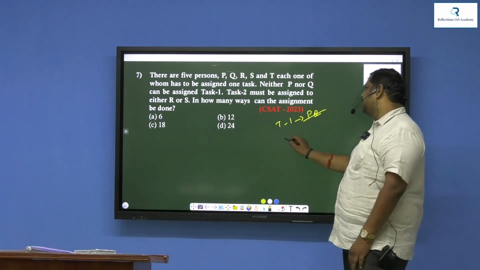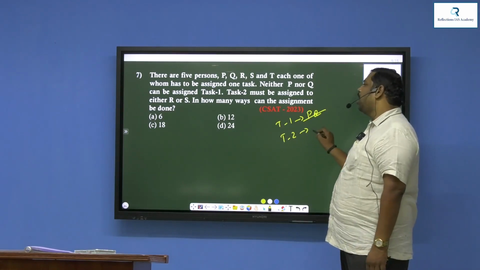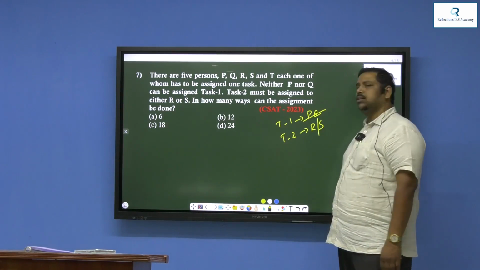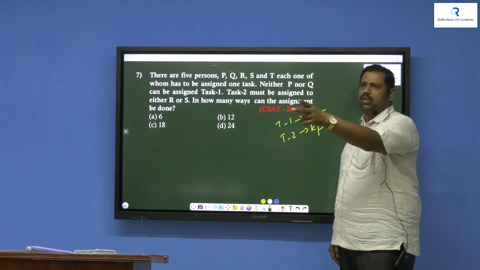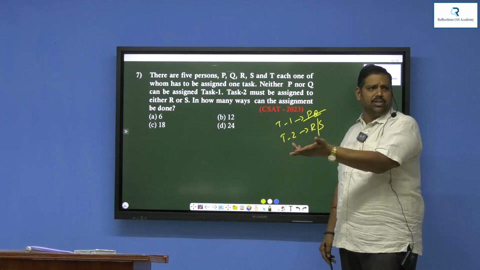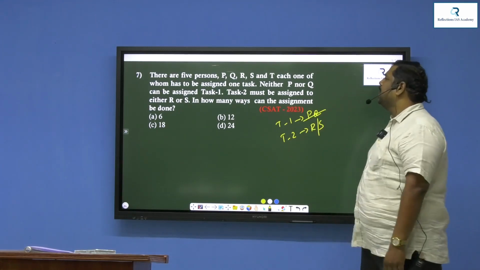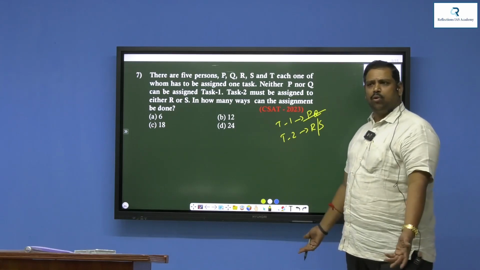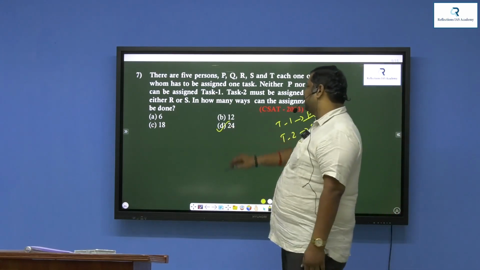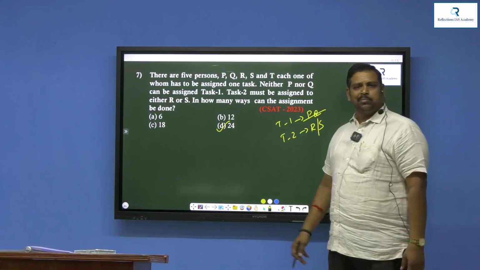Task 2 must be assigned to R or S. Similar question or different one? Same question, instead of P1, 2, 3, 4, he has given names P, Q, R, S, T. Okay. So, in how many ways can the assignment be done? 24 ways. Okay. D. Can I go to the next question?